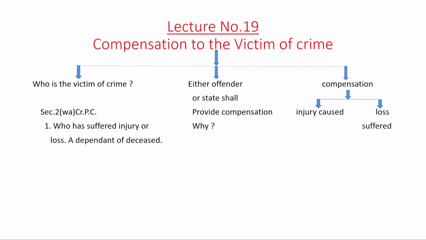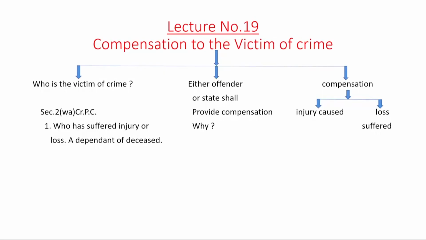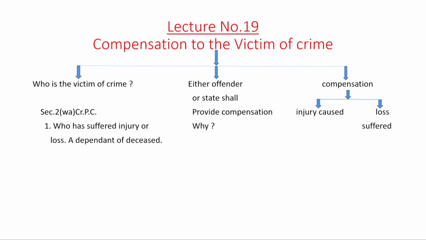So, there is no exception. Neither DLSA nor SLSA can take any kind of plea that there was a reasonable delay or undue delay on the part of the authority. This obligation has been imposed by the statute upon the authority so that speedy justice can be ensured in the matter.